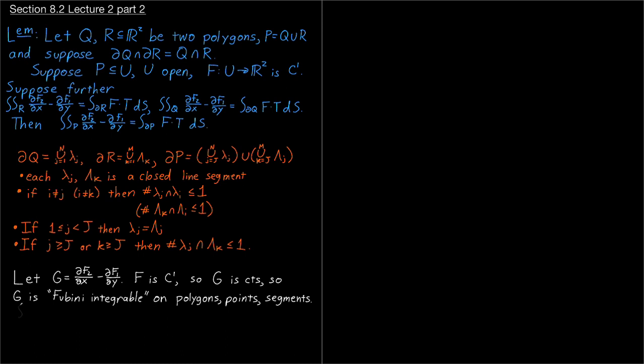Then if we remember how we defined integrating a continuous function over a polygon, that means you extend it by 0 outside of the polygon. And you can see from the definition that that's the same as integrating over Q, and then integrating over R. And then we have to subtract off the overlap, the region where we integrated twice.